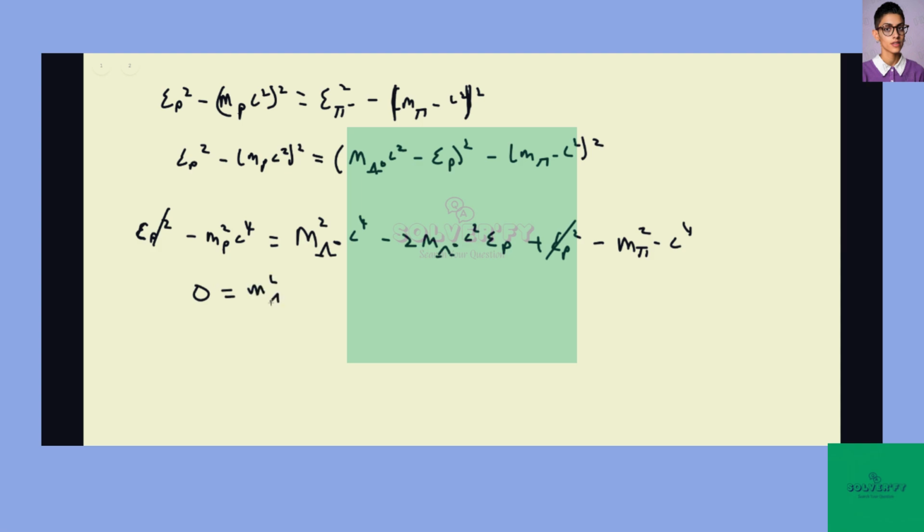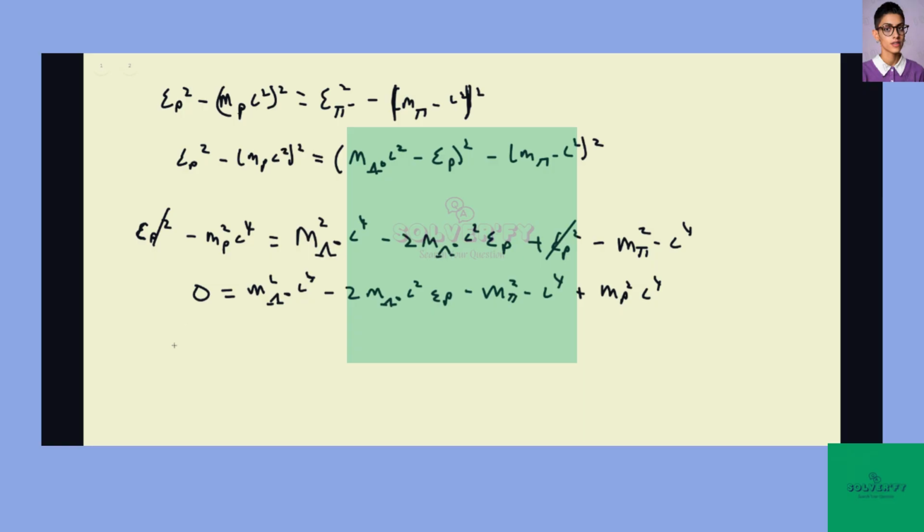M squared c to the fourth, minus 2 m0 c squared Ep, the energy of the proton, minus the rest mass energy of the pi meson squared, plus the rest mass energy of the proton squared. Now we want to solve for the energy of the proton.